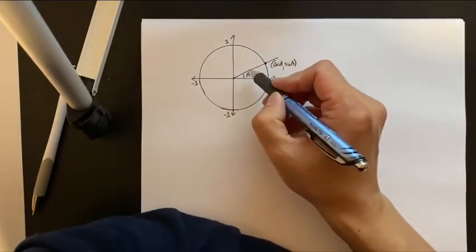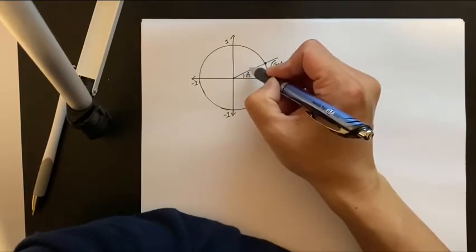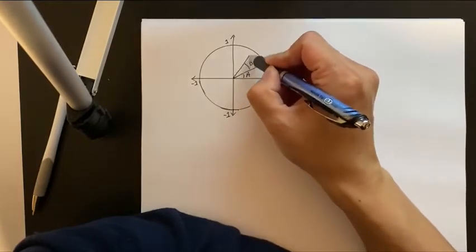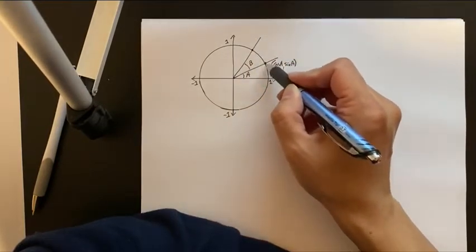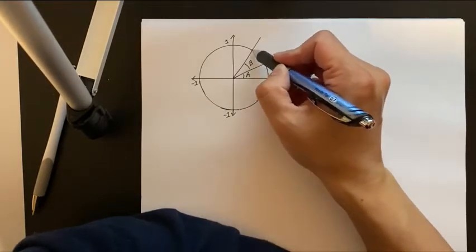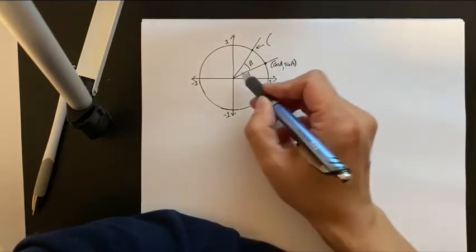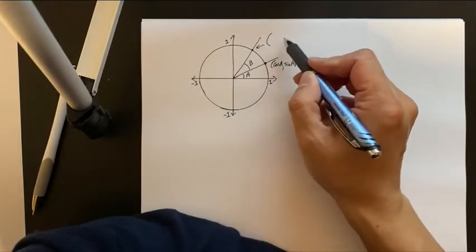I'm going to add an additional B angle. So if I add a B angle, wherever B is, so let's say this is B, then the position here is really an angle of A plus B. So for this point, the x and y coordinates would also be cosine and sine.